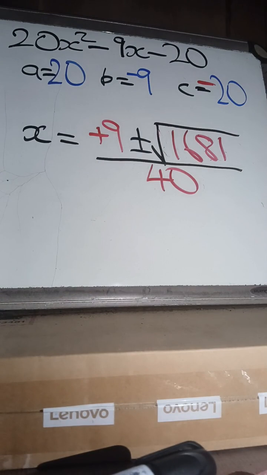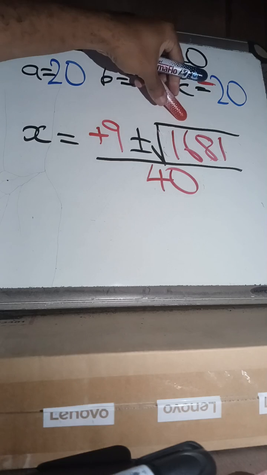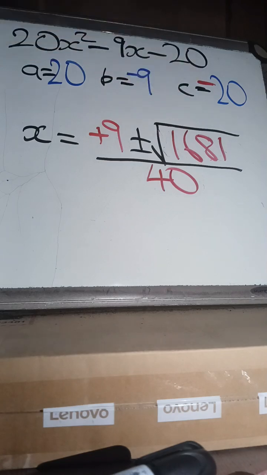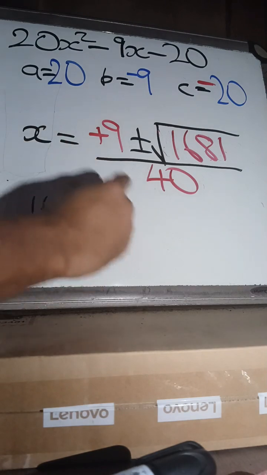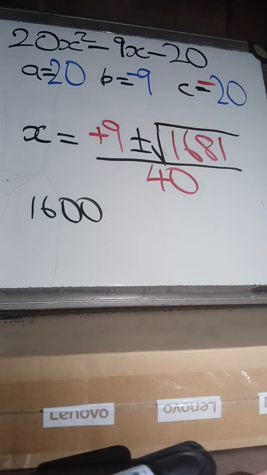Now, you can almost guess what this is going to be. Because we have some square numbers, for instance, we know that if we square this, we're going to end up with that.